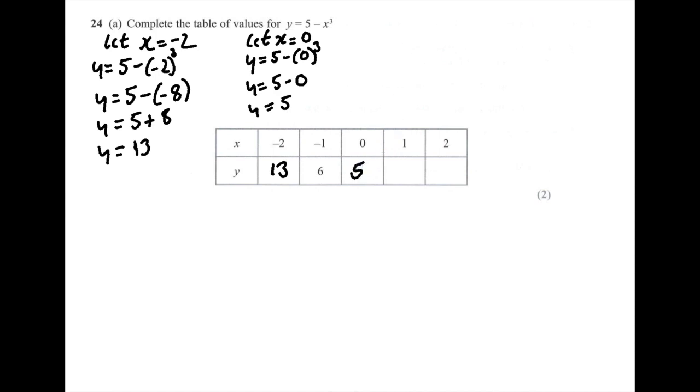When x is 0, y is 5. Now I'm going to repeat the process again, but this time let x equal 1. So y equals 5 minus 1 raised to the power 3. 1 cubed is 1, so therefore y is equal to 4.